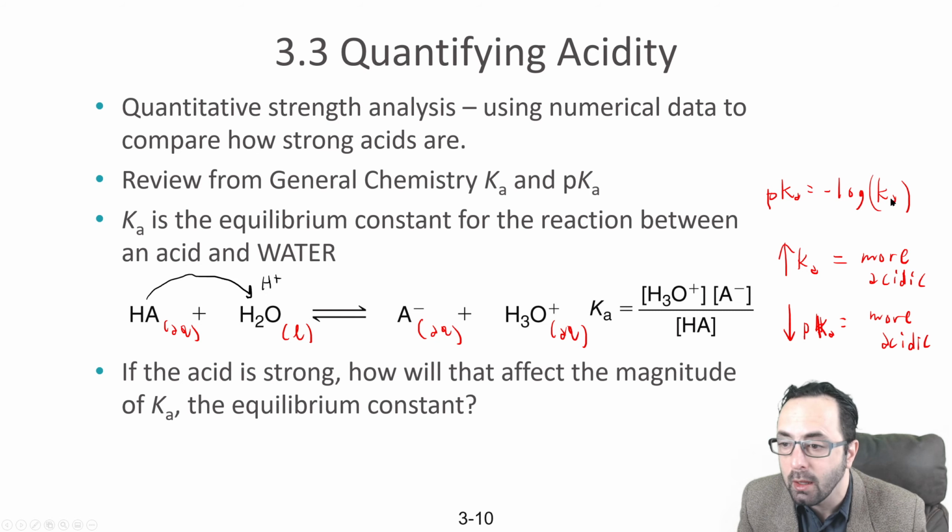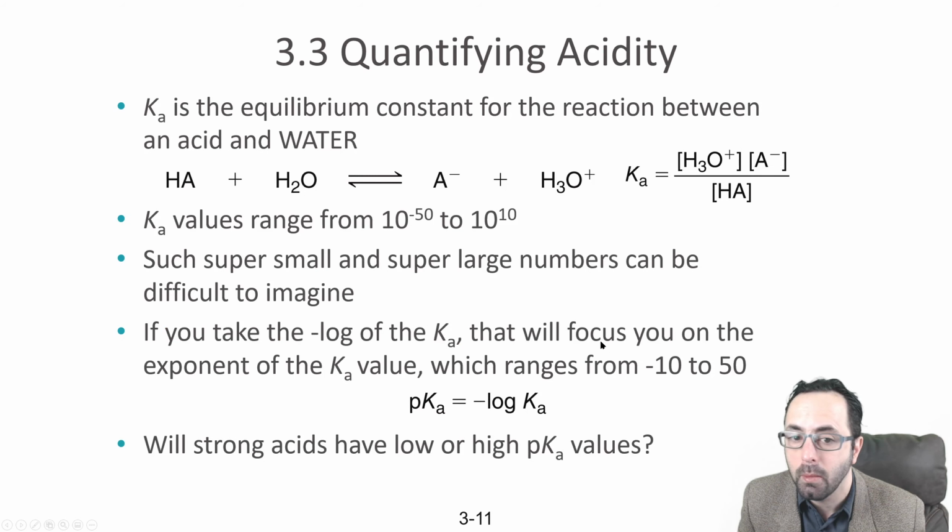Kas can only be greater than 0, and a lot of times they're less than 1, which would result in a negative log. But basically, the bigger the Ka, the smaller the pKa will be, because of this mathematics. And so a larger Ka is more acidic, but we're going to be looking more at pKas. So a smaller pKa will indicate a more acidic acid.